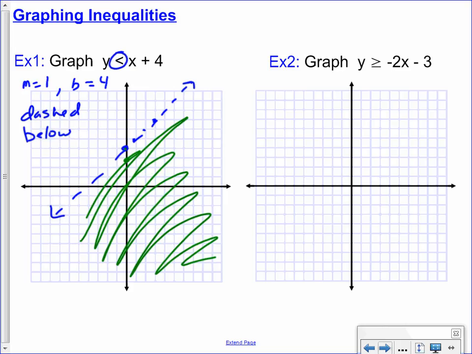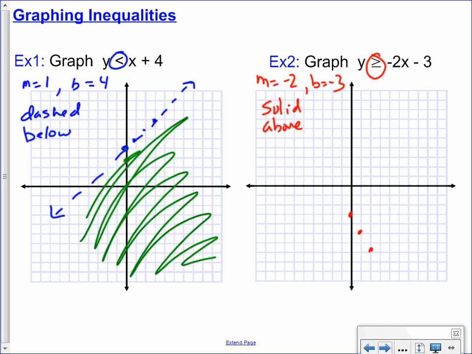Example 2. What are the 4 things? Slope is 2, and the y-intercept is -3. This tells me that the line is solid and shade above. So start at -3, and you go down 2 over 1, down 2 over 1, and so on.